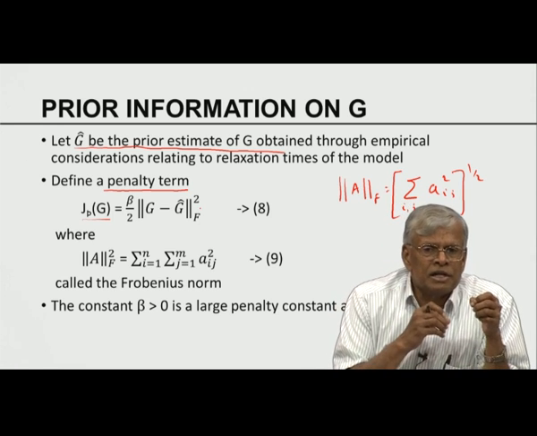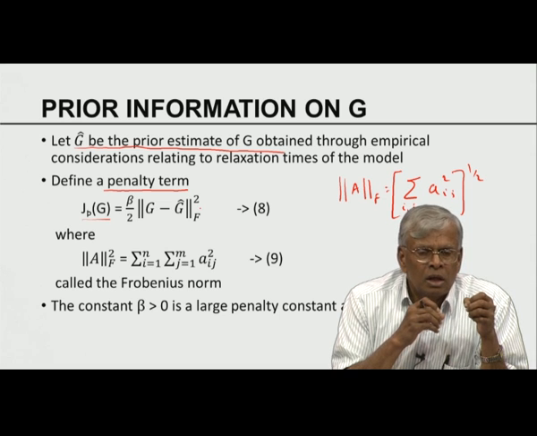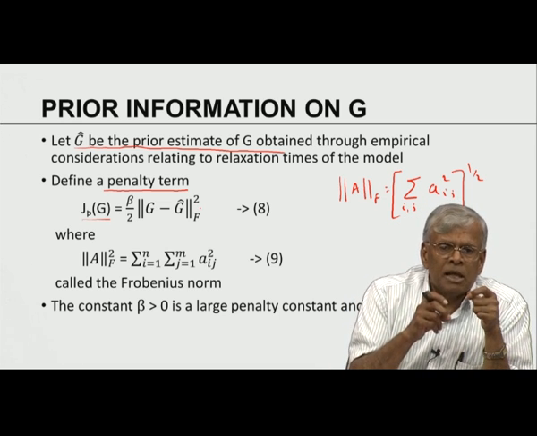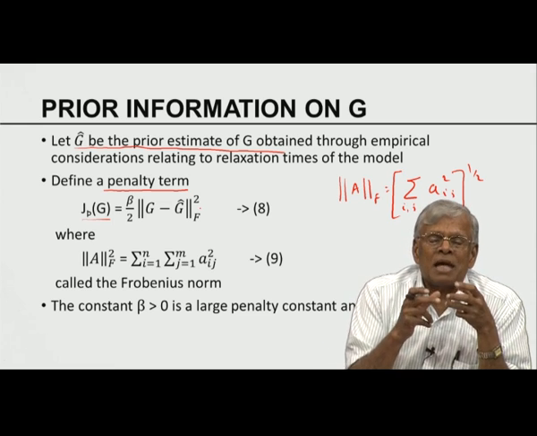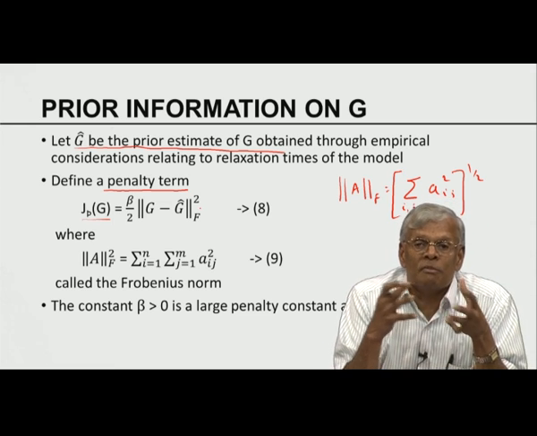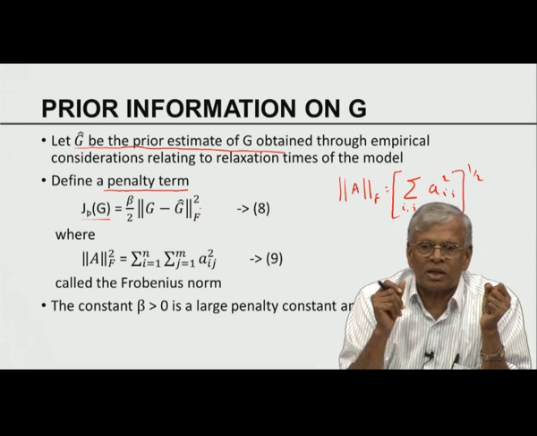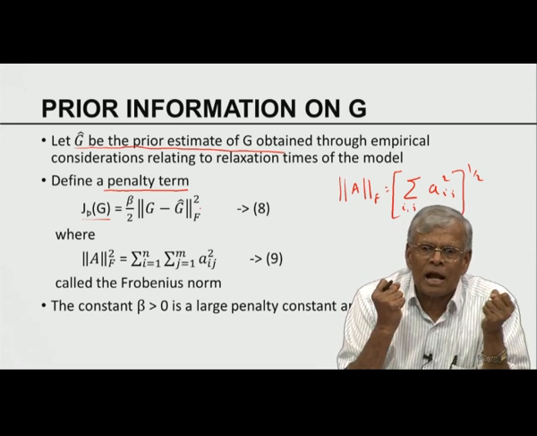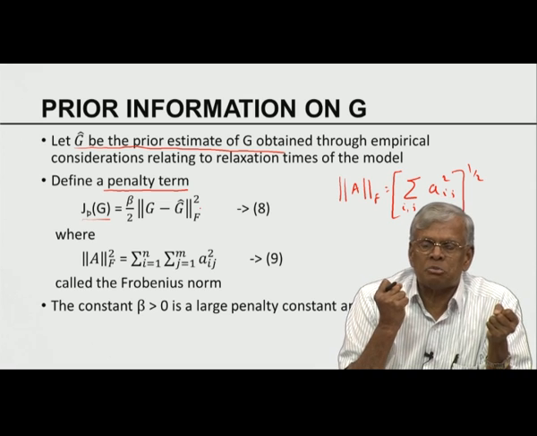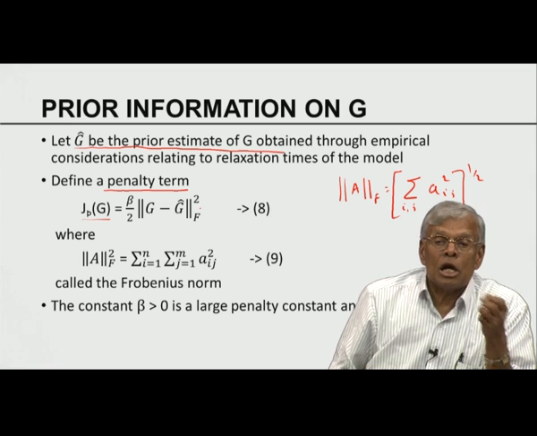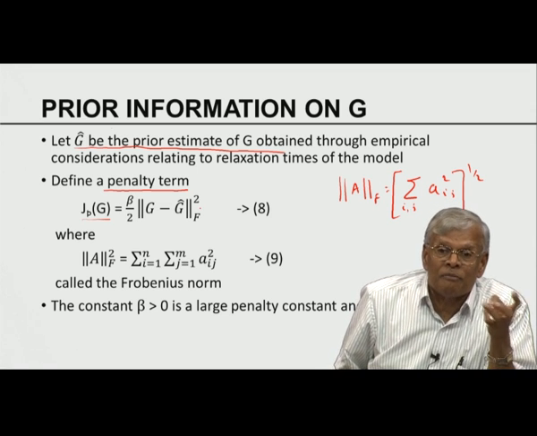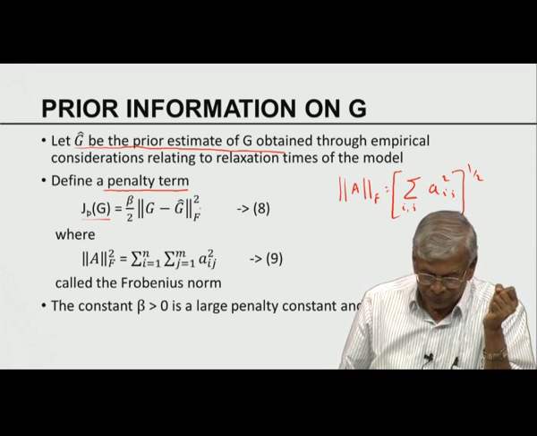I am trying to design G optimally based on the sums of forecast errors. At the same time, I don't want my G to be far removed from G hat because G hat has already worked. So I want to find an optimal G that is a compromise between minimizing the sums of forecast errors and not going too far away from G hat.